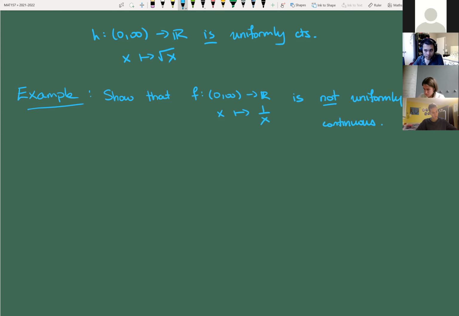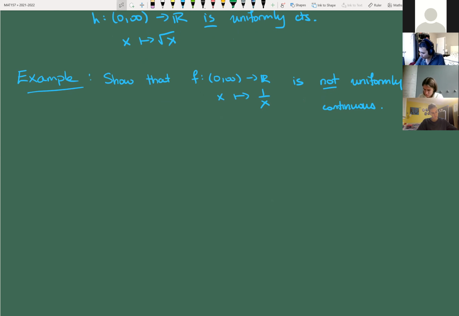Our idea here is that even though 0 is not in the domain, 1 over x has a vertical asymptote at 0. So it starts to grow arbitrarily quickly, and that is going to break uniform continuity. All right, so let's do this.